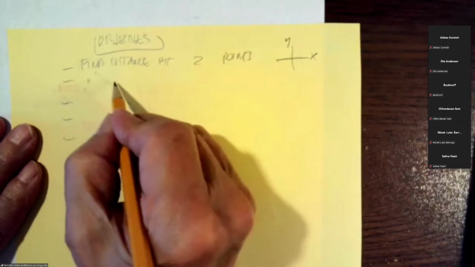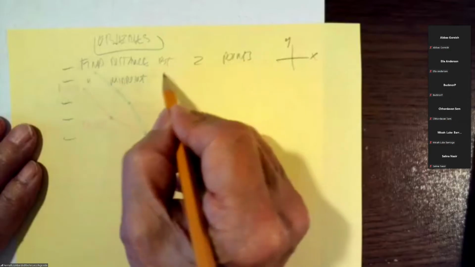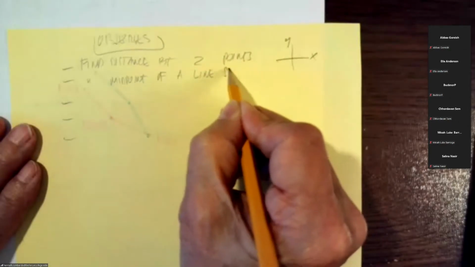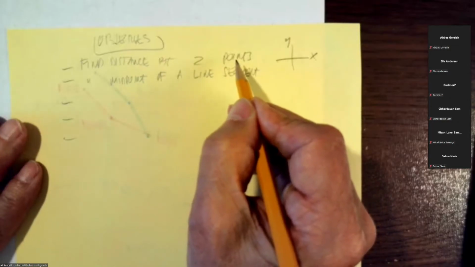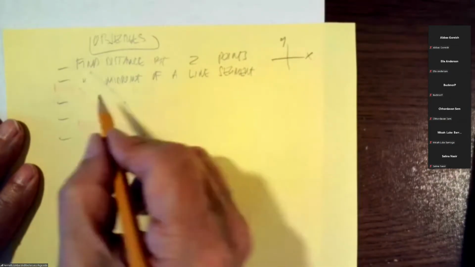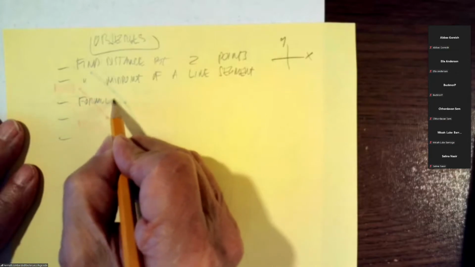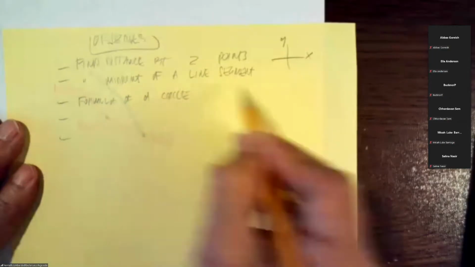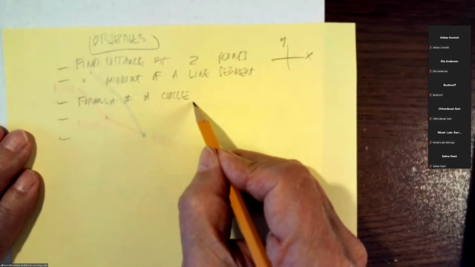We want to be able to find the midpoint of a line segment. Maybe we can even derive the formula of a circle. And we want to commit that to our brain so that we memorize what that is.